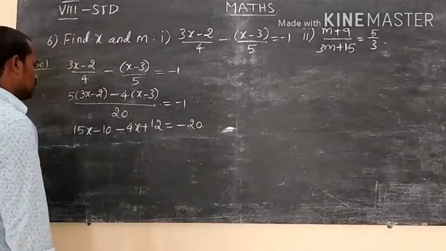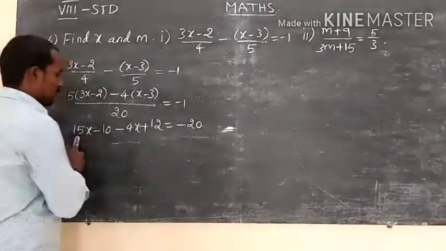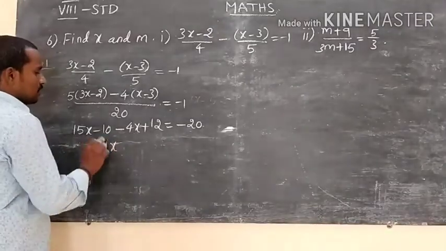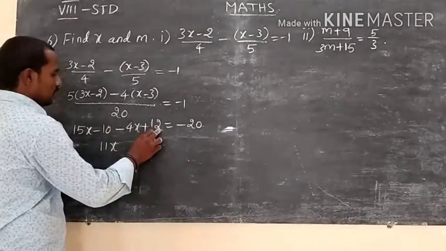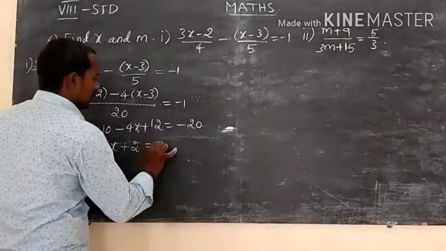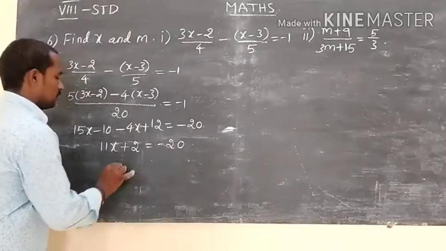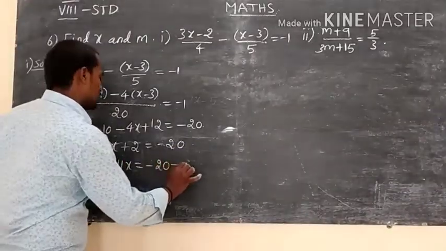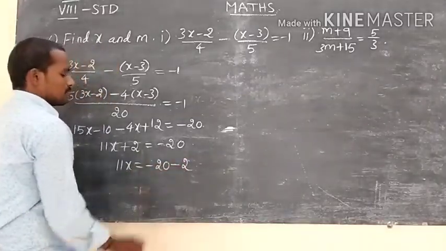Cross multiplication. Okay. Then 15x minus 4x is 11x, and minus 10 plus 12 equal to plus 2, okay, which is equal to minus 20. So 11x equal to minus 20, and making the transpose, you get minus 2 of this.